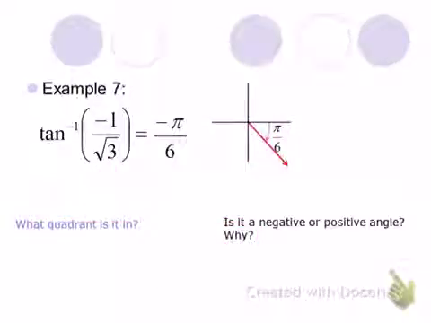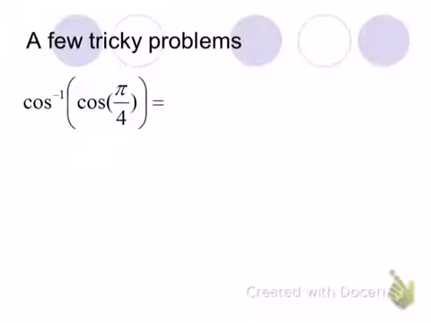All right, so this is negative pi over 6. Now, a few tricky problems. And when I say these are tricky, they are tricky. So you got to really, really stick with it.